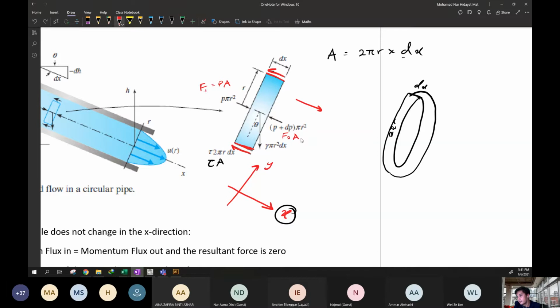Multiply with the area. So F2 is equal to P plus dP. Let's say this is point 1 and this is point 2. The pressure at point 1 and pressure at point 2.